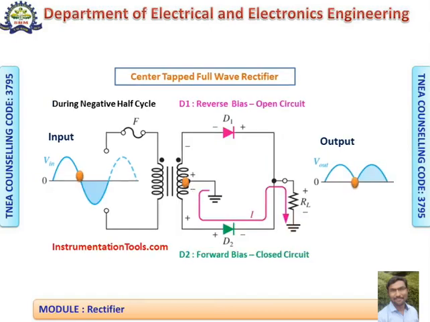During the negative half cycle, diode D1 will remain in reverse bias condition and diode D2 will remain in forward bias condition. Hence, the current flows from the secondary winding of the transformer to the load RL through diode D2.